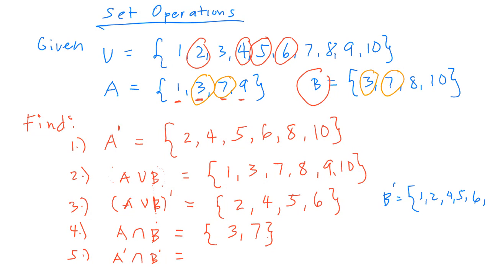And then 9. 9 is the last one. We have 8 and 10, so that should be 9. Now, the intersection between A naught and B naught, so that should be the common elements.